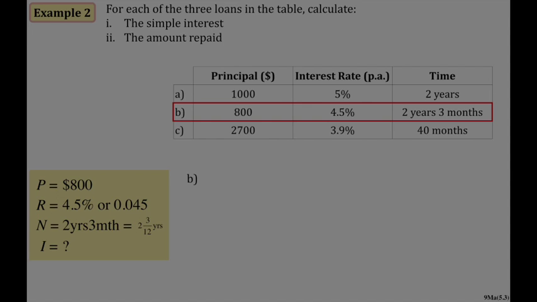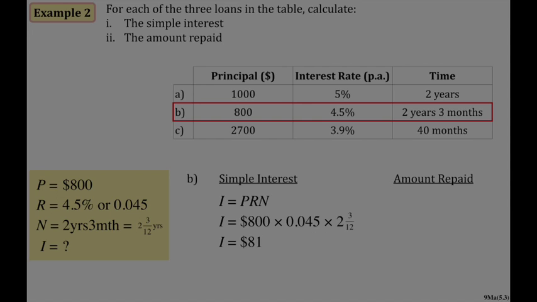And we need to find the interest. So we know P, R and N now. 800 times 4.5% times 2 3/12. We put that into the calculator and we generate $81 as the amount of interest you would be charged if you wanted to borrow $800. For the second part, how much is going to have to be paid back on this entire loan?